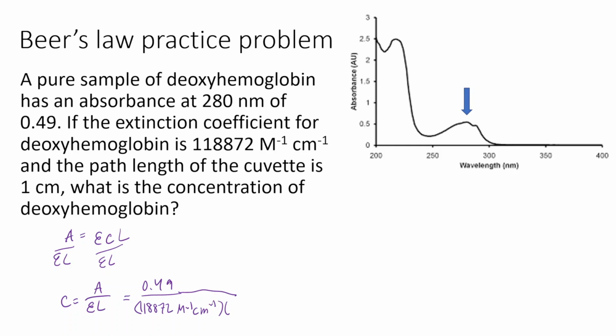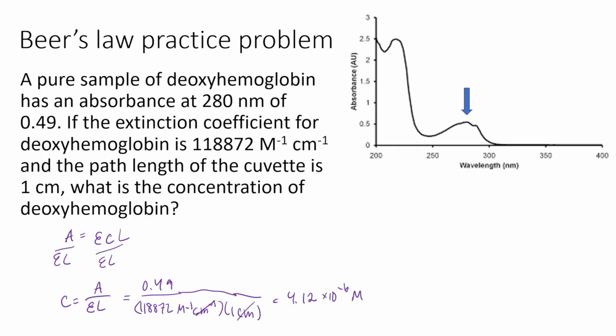And what's our L? 1 centimeter, thank you. So if you plug that all in, the centimeters cancel out, and we get about 4.12 times 10 to the minus 6 molar for our concentration.